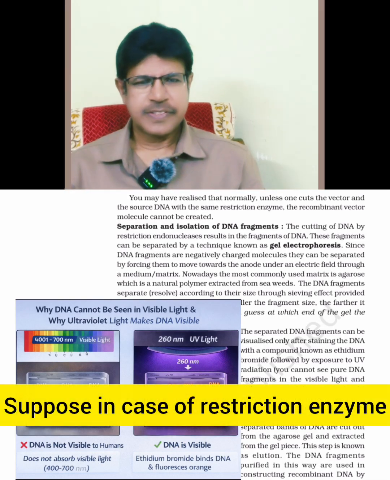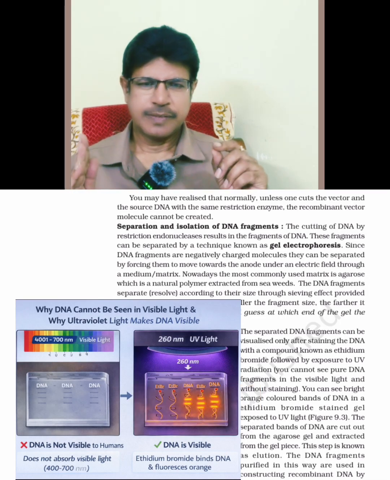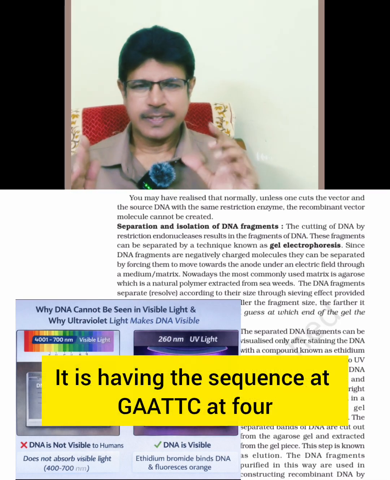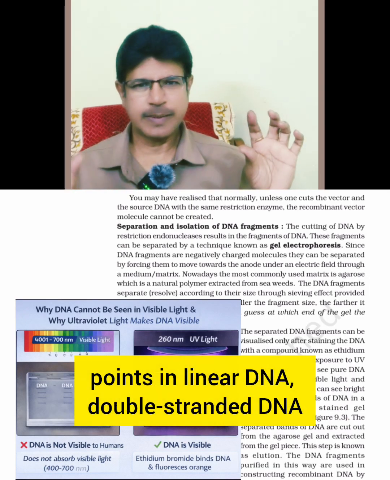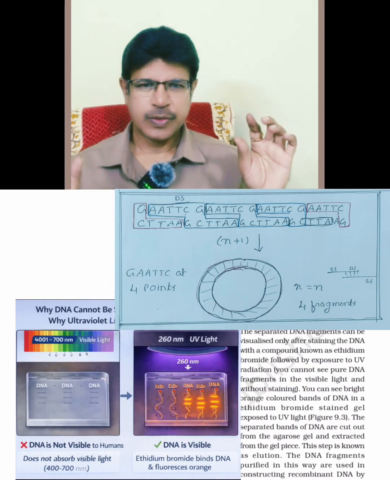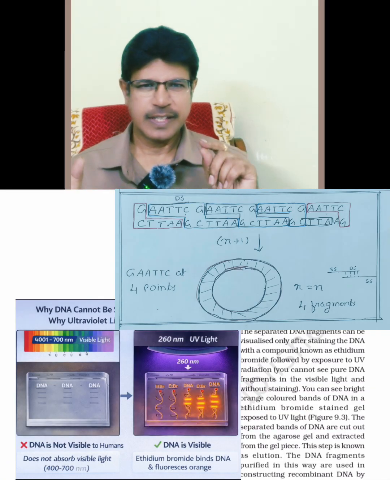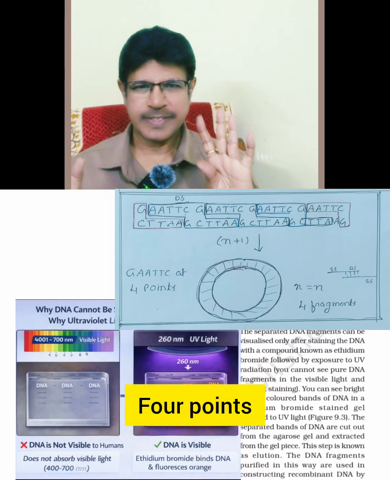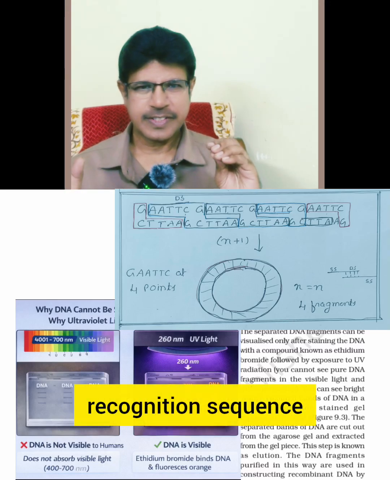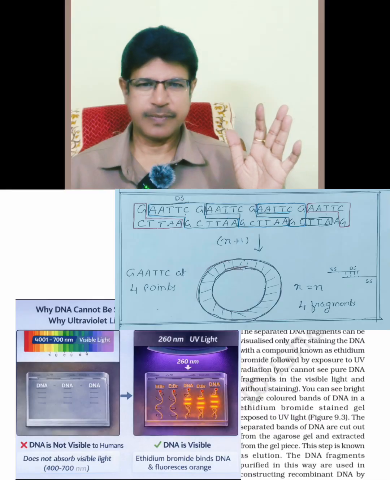Suppose the restriction enzyme is EcoRI, having the sequence GAATTC at 4 points in linear, double-stranded DNA. So it is going to generate 5 fragments, that is n plus 1, the formula. 4 points of recognition sequence generate 5 fragments.